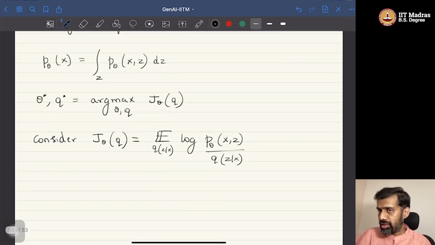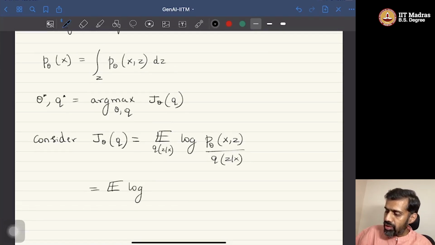Let us now simplify this expression a little. The log of the joint distribution between x and z can be written in terms of the conditional of x given z and the marginal of z, divided by q of z given x, with the expectation with respect to q of z given x.